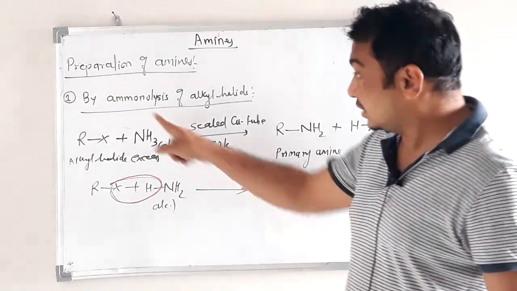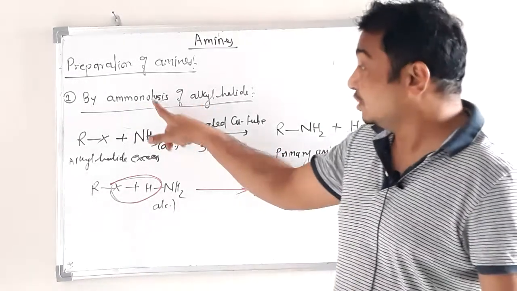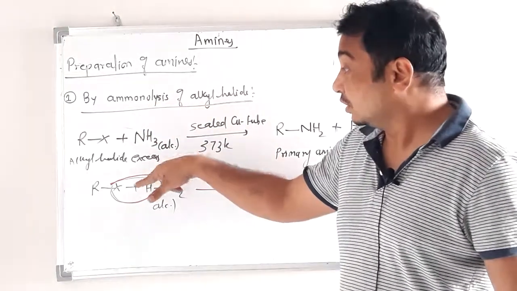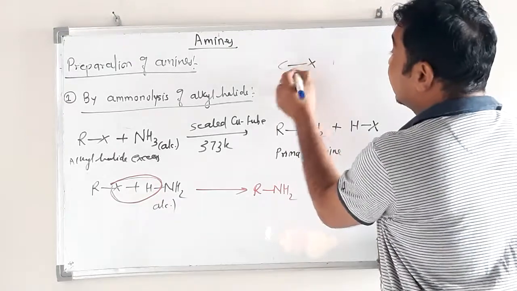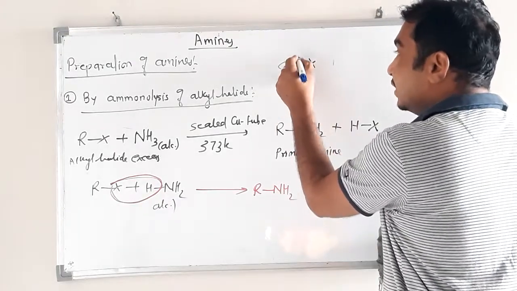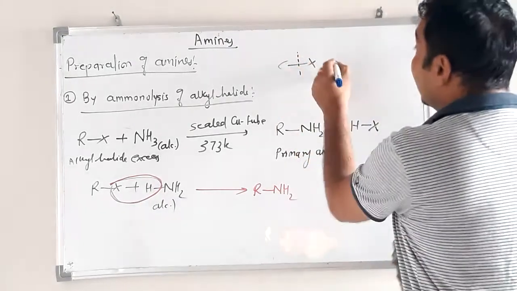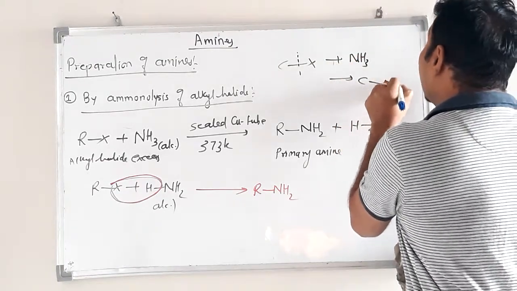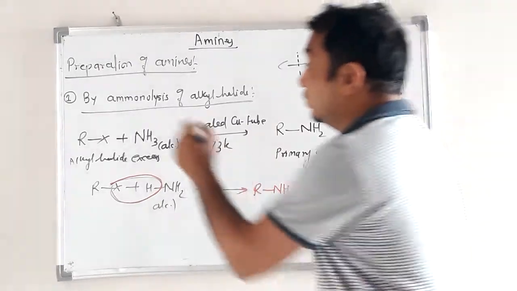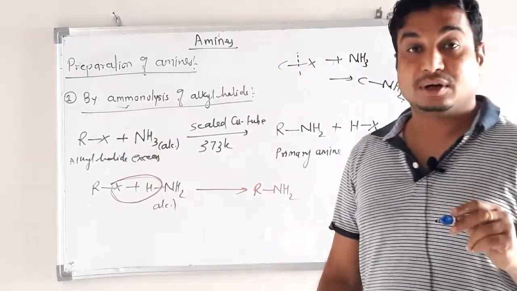Why is it called ammonolysis? Because lysis means bond breaking. So the bond between carbon and halogen in alkyl halide is broken by ammonia. Therefore, it is called ammonolysis reaction. This is the meaning of ammonolysis.